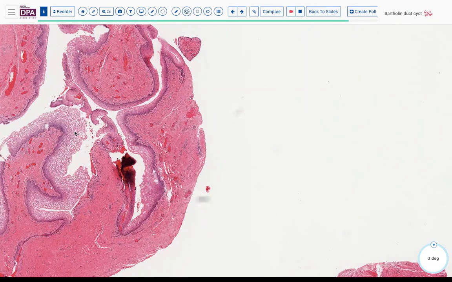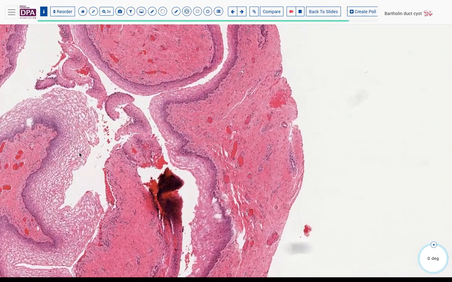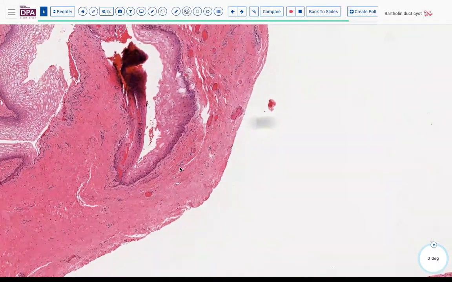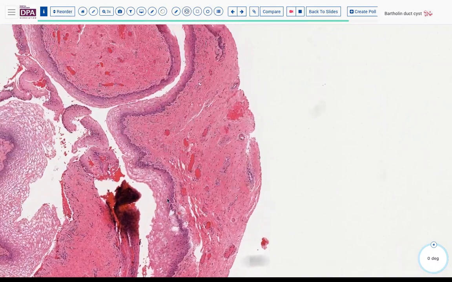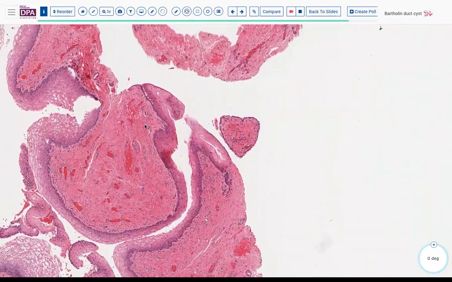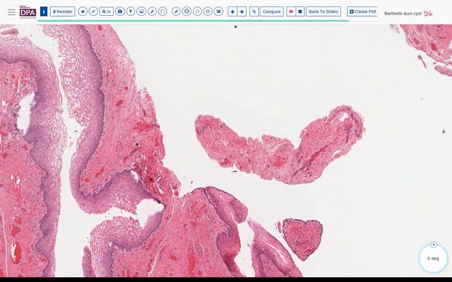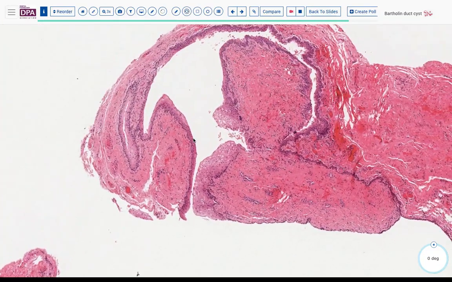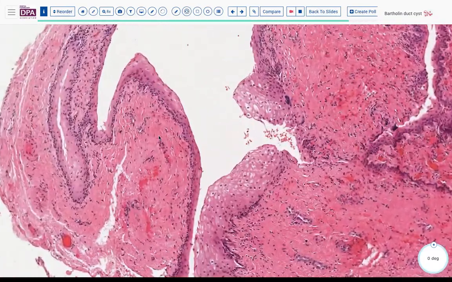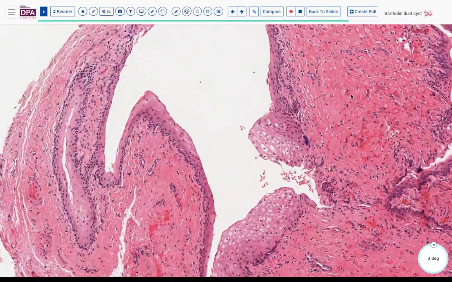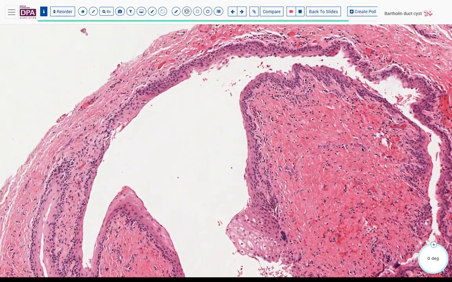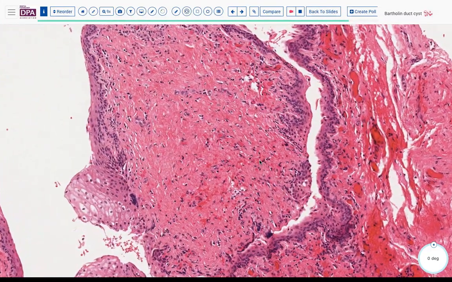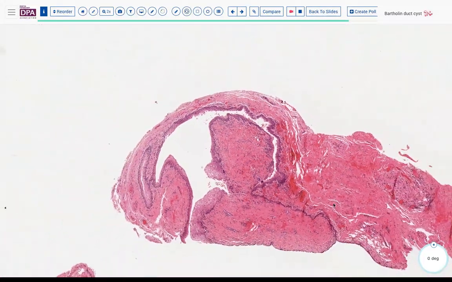But here we see that we've got squamous epithelium without keratinization and without much evidence of other features. No mucus glands in this tissue. Here's another area where the epithelium is still stratified squamous mucosa, maybe tending a little bit towards transitional, but not truly transitional.